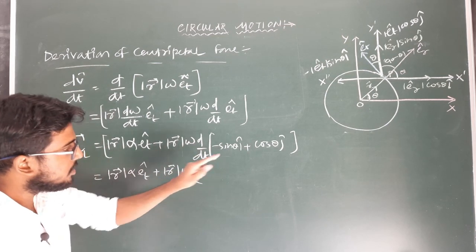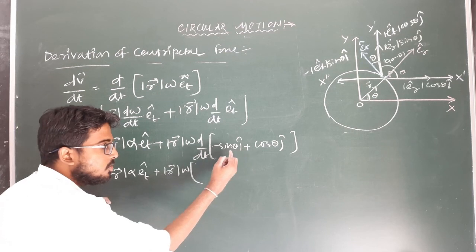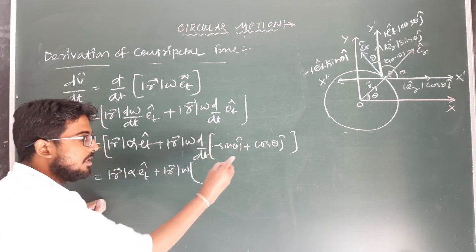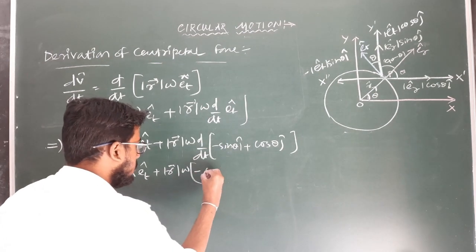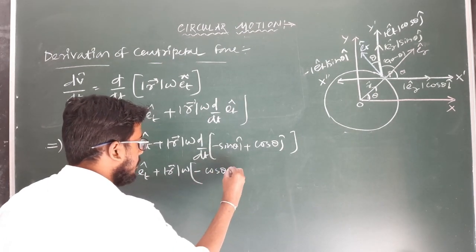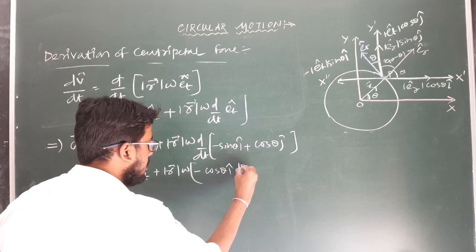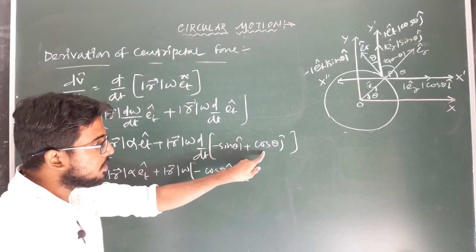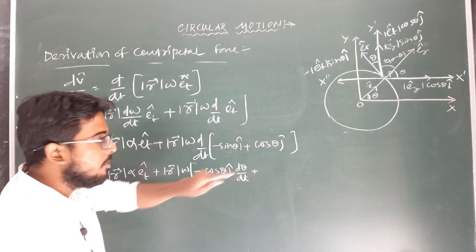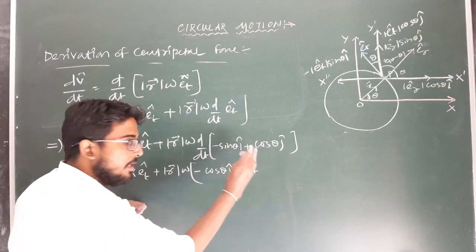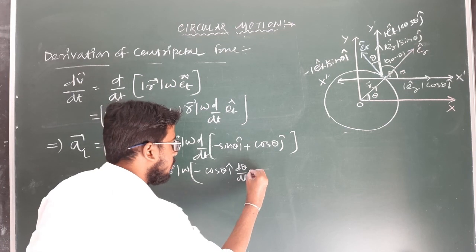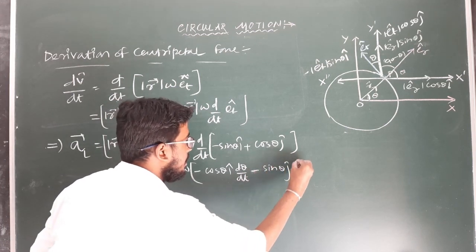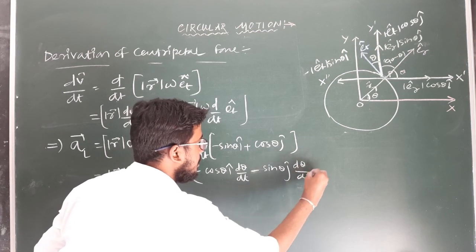Now differentiating this term, theta is a function of time, so sin theta has derivative cos theta, and again theta gives d theta, so it will be minus cos theta i cap into d theta by dt, again plus, what is cos theta? Theta is a function of time, so cos theta has derivative minus sin theta, so minus into plus will be minus sin theta j cap, again d theta by dt.